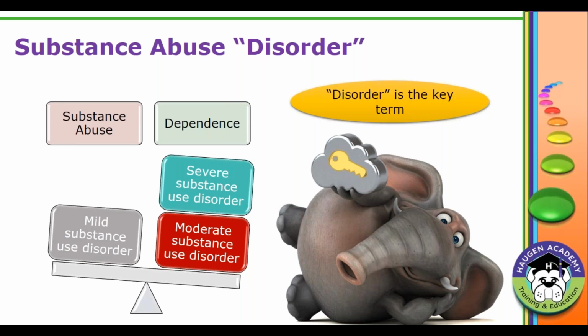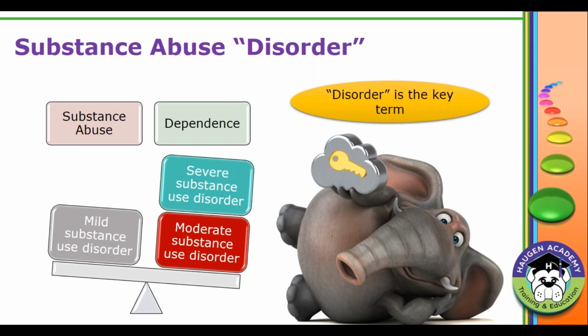If a patient has a mild substance use disorder, and that word disorder is the key, then it codes as substance abuse. But if you have a moderate or severe substance use disorder, it codes as dependence. And this is an important indexing point. If you look only under use and then the specific substance in the index, you're going to get codes for substance use.